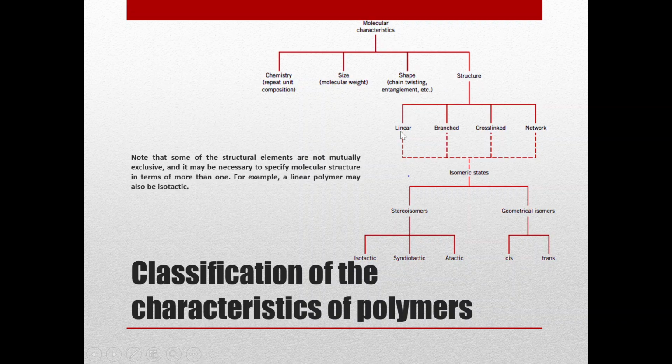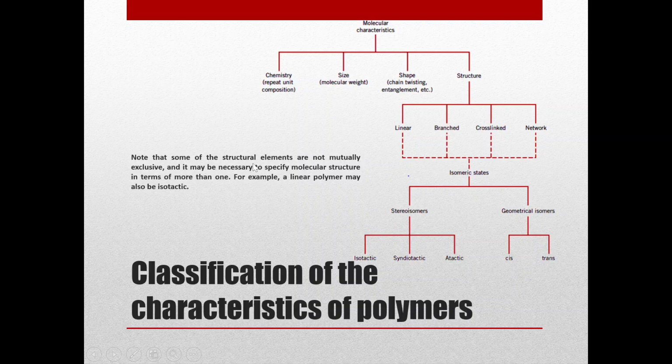Under structure, we saw the various structures: linear, branched, cross-linked, and network. Then we also saw the isomeric states that a polymer can exist in: stereoisomers and geometric isomers. Under stereo, we saw isotactic, syndiotactic, and atactic, whereas under geometric, we saw cis and trans.